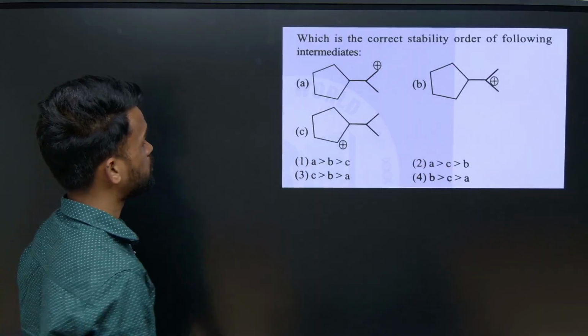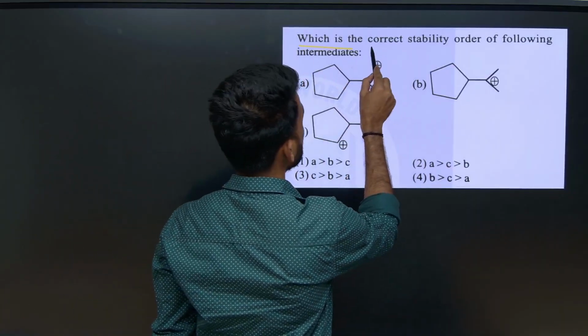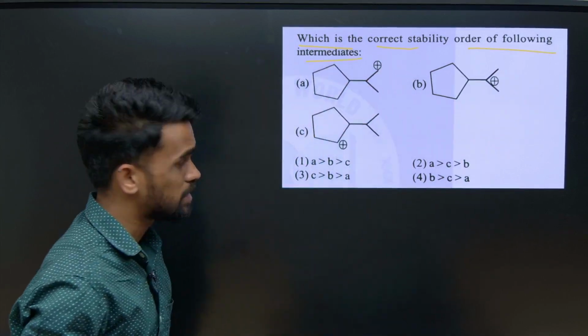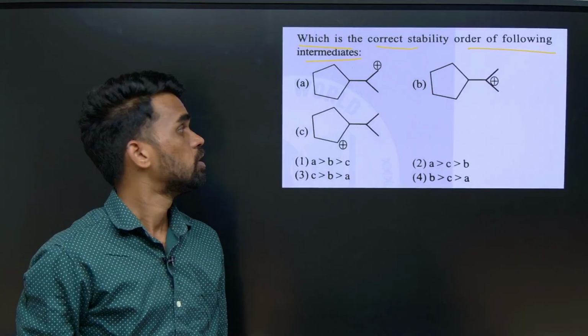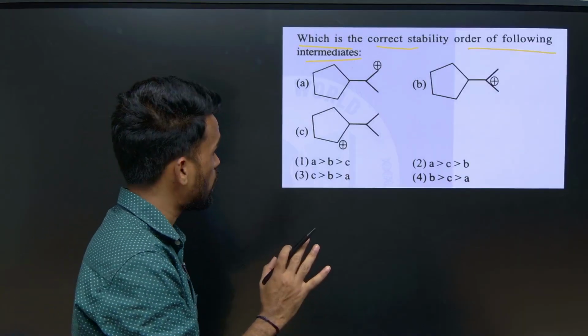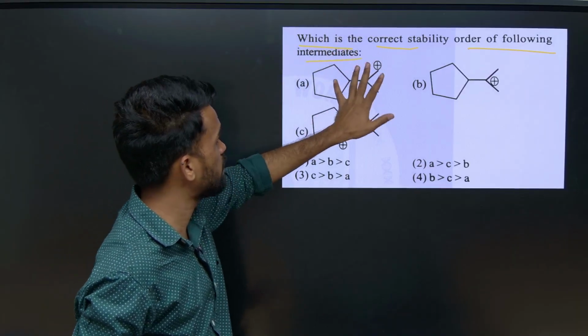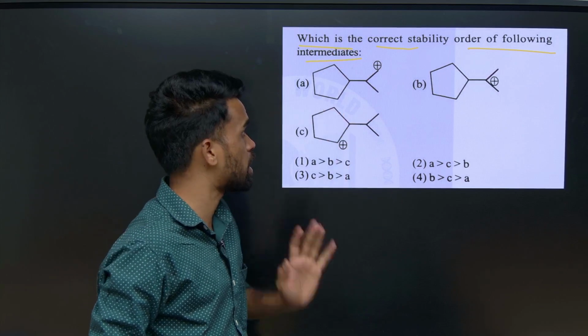Okay, now tell me which is the correct stability order of the following intermediates. See, I haven't explained this concept to you, but I just wanted to ask you, first of all, leave this question and classify A, B, C as primary, secondary, tertiary carbocations.